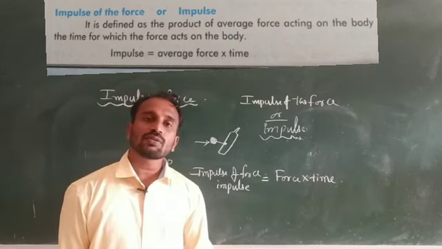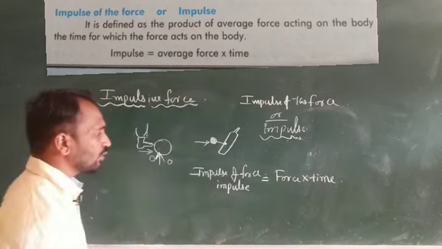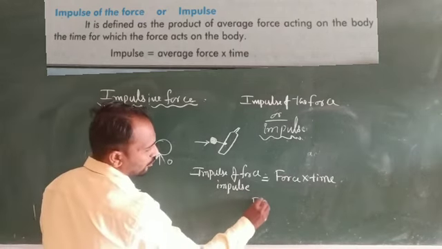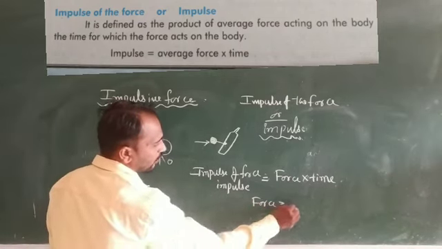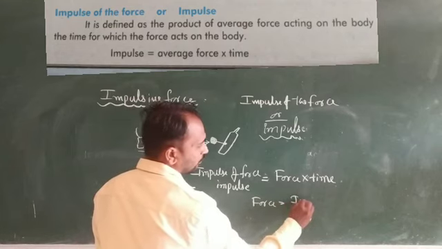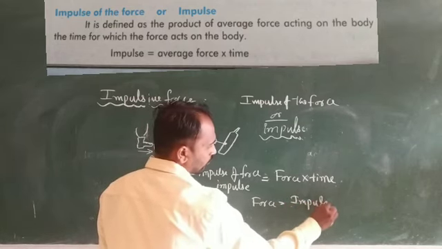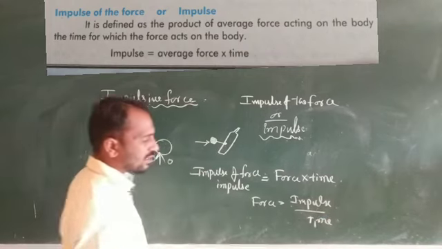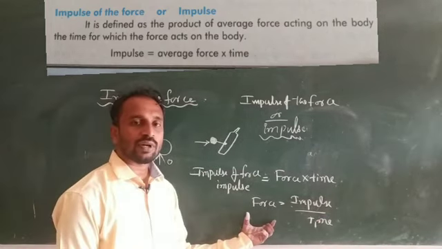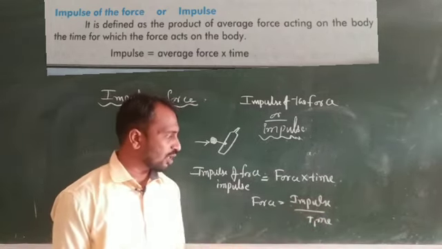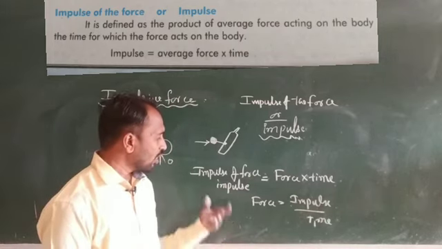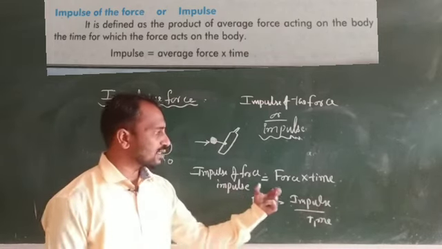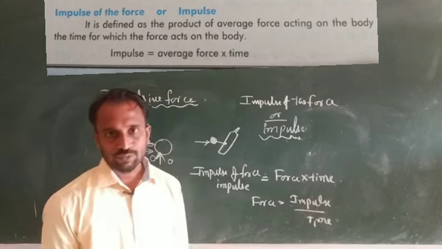Suppose we want to calculate the force value. So force is equal to impulse divided by time. So average force is equal to impulse divided by time, or impulse is equal to force into time.